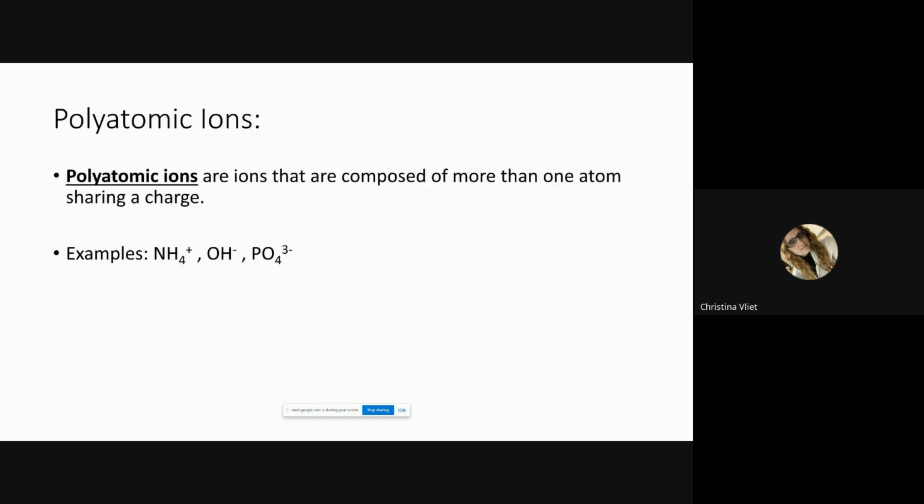So go ahead and write this down. Polyatomic ions, these are complex ions. They have more than one atom that share a charge. That charge could be positive or negative. So I have some examples here, but you may want to also write it like this. And write it large.